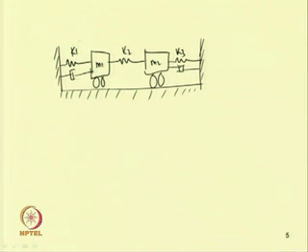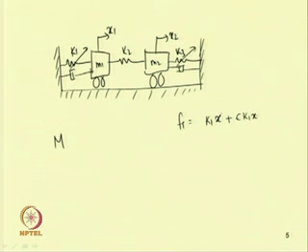If we make the first spring nonlinear and the third spring nonlinear, we can write the equation of motion. If this is x1 and this is x2, then the spring force F1 equals K1 x1 plus, as we are assuming it to be nonlinear, epsilon K1 x1 cubed, let it be cubic nonlinear.